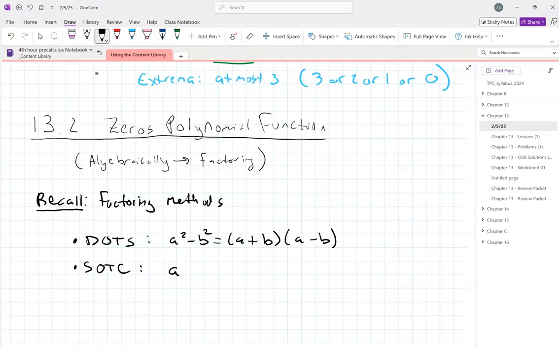You have the sum of two cubes. You have a difference of two cubes.